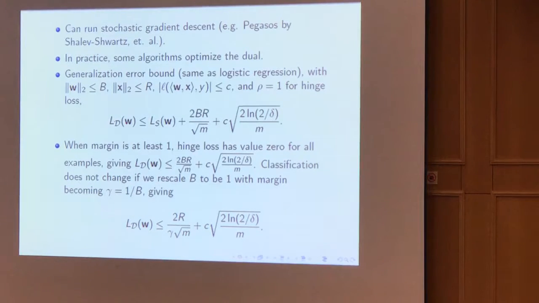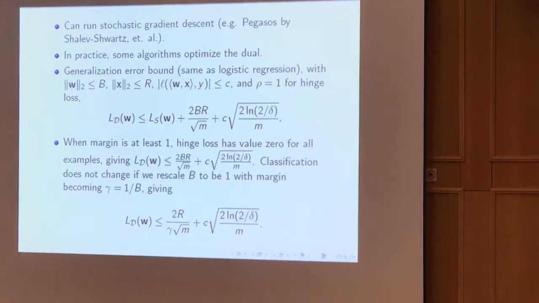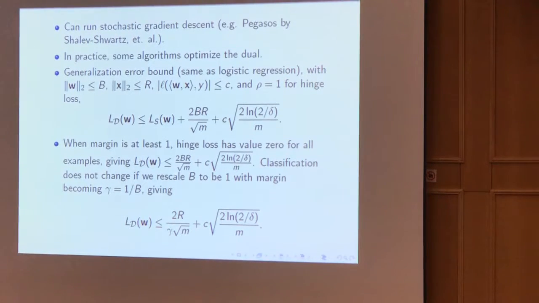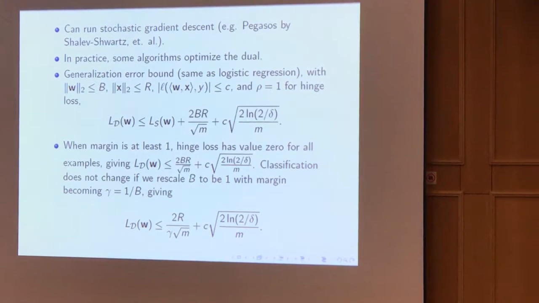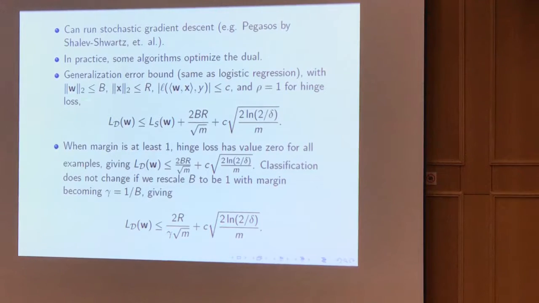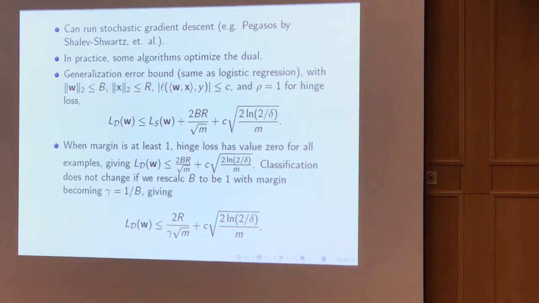And if we want to look at the impact of margins, to say that if you have a large margin then you do well, normally we would rescale and say that B is the size of the weight, so the size of the weight is 1.